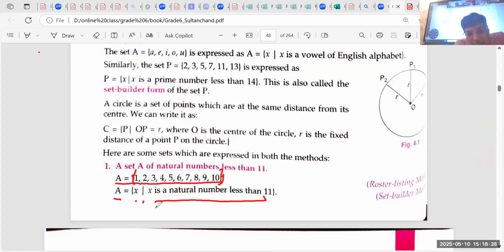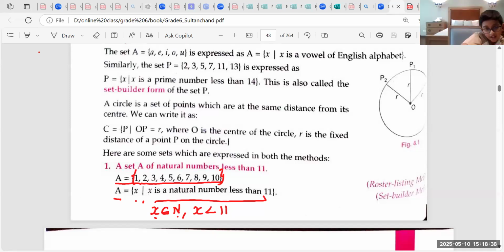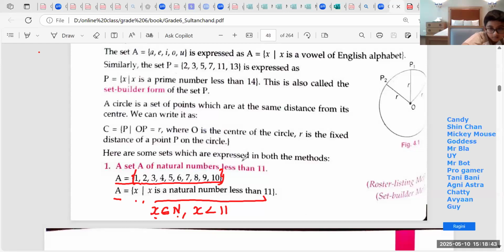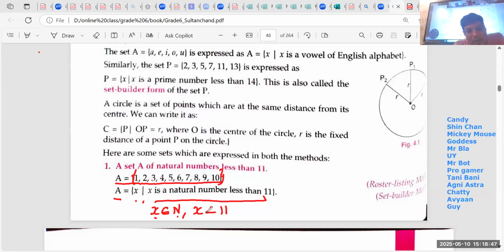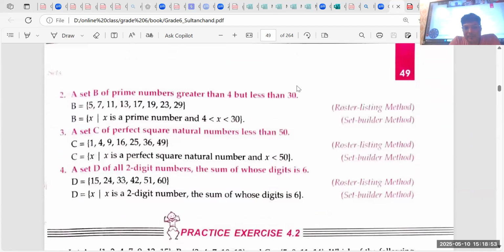So मैं ऐसे भी लिख सकता था x belongs to N. X belongs to N means x belongs to natural number and x is less than 11. Or we can write x is less than 11 and put a line on that. We can write 10 and put a line on that, crocodile mouth. Yeah, so I can do this also. X is less than or equal to 10. So I can use less than or equal to.